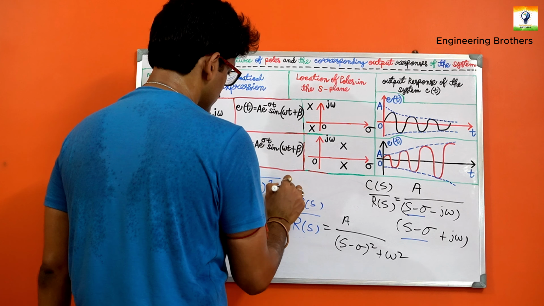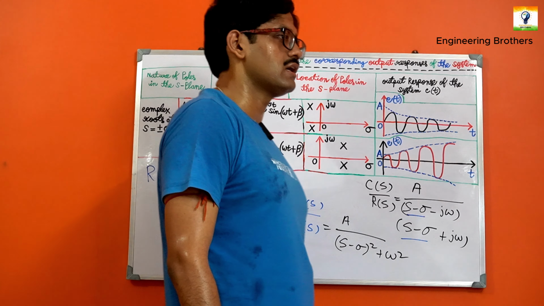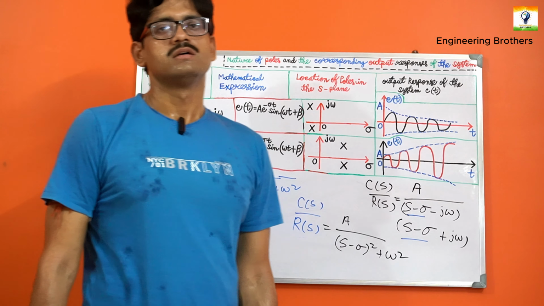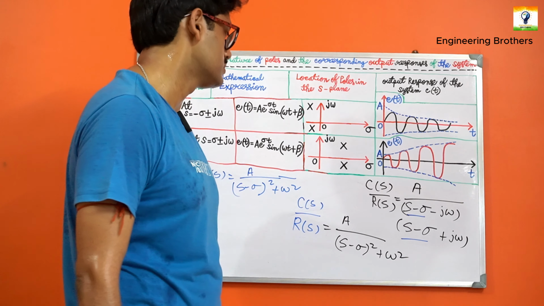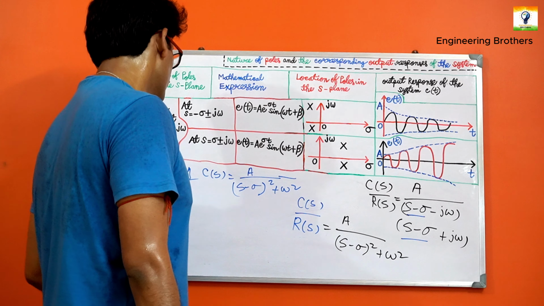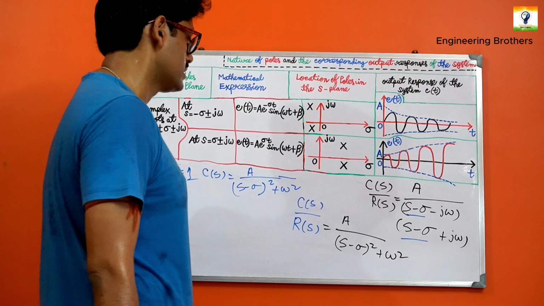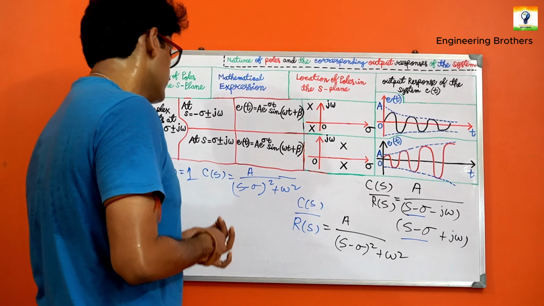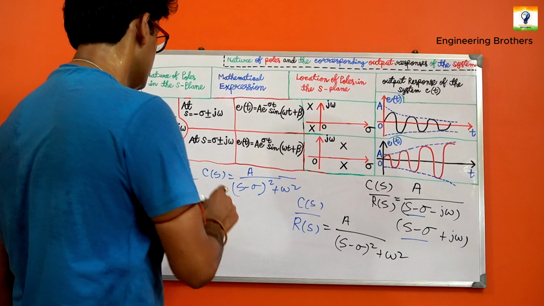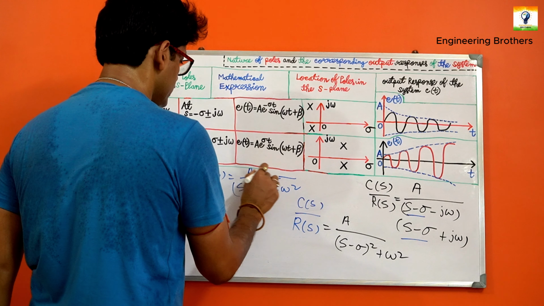This is our C(s) after we have considered R(s) equal to 1. R(s) is the input for our given system, and our input for the given transfer function is the impulse input. So C(s) will be A divided by this factor.